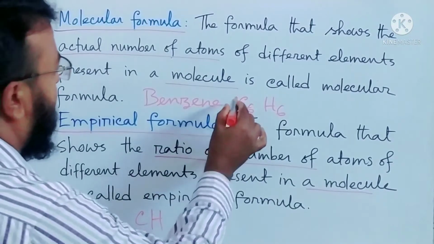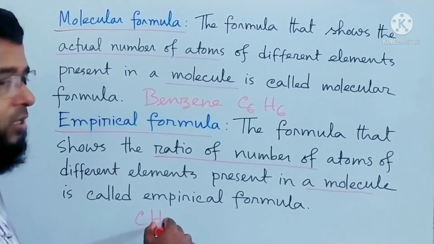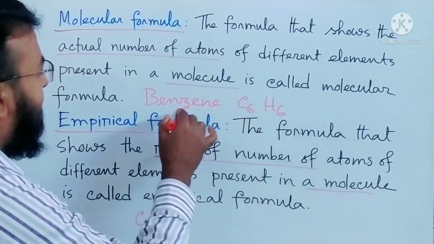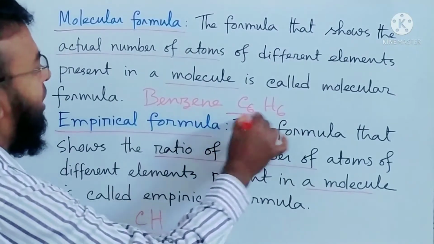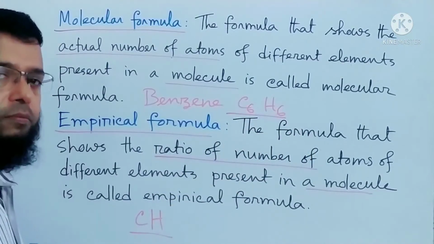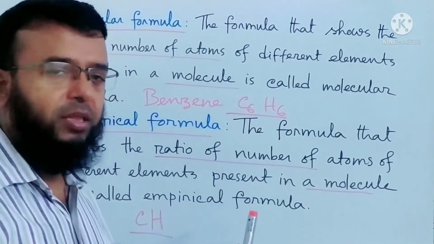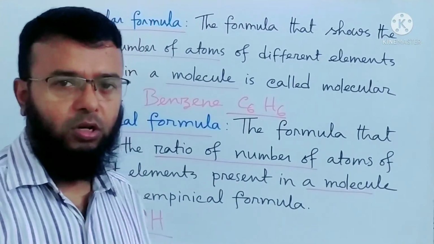That means the ratio of number of atoms, carbon 1 and hydrogen 1, and this is the actual number of atoms, carbon 6, hydrogen 6. So it is the empirical formula of benzene and it is the molecular formula of benzene. Then after that we will do the mathematical term of molecular formula and empirical formula.